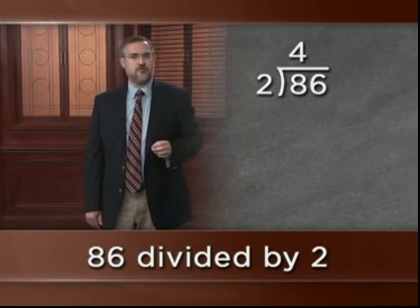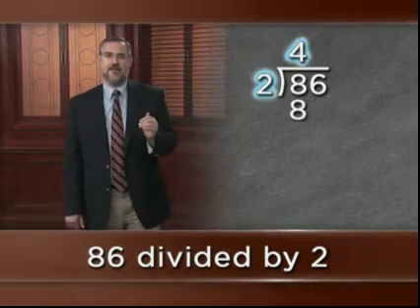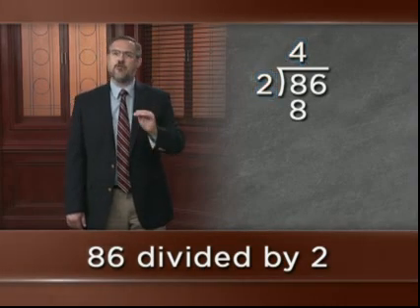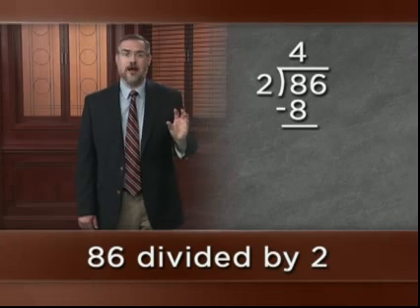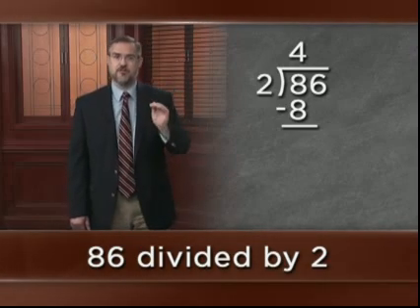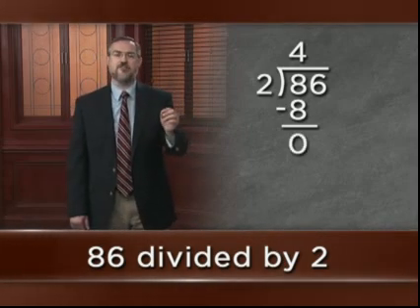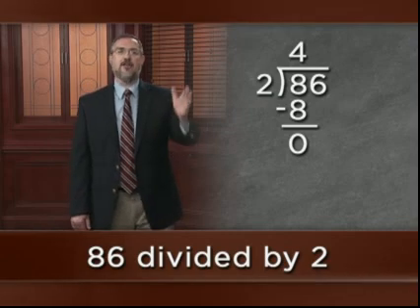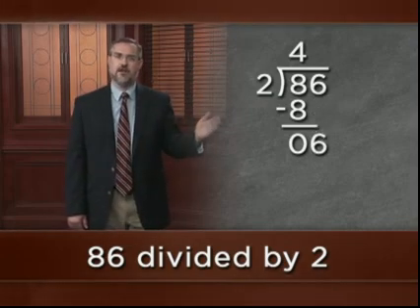Now, since 2 times 4 equals 8, we write an 8 underneath the 8 in 86, and then we're going to subtract those two numbers, just the 8 minus the 8. When I subtract here, and it's always going to be subtraction there, that gives me 0. So I write down the 0 underneath there, and then I'm going to drop down the next digit that I see as I move left to right.